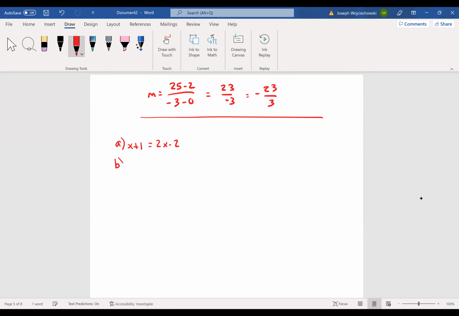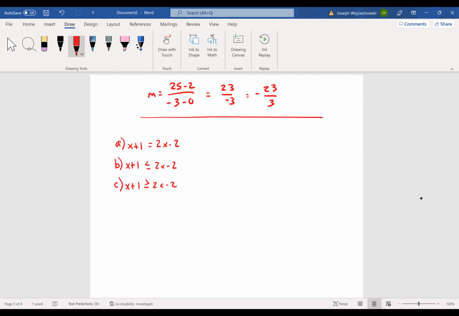Then we have b, x plus 1 is less than 2x minus 2. Then we have c, x plus 1 is greater than or equal to 2x minus 2.